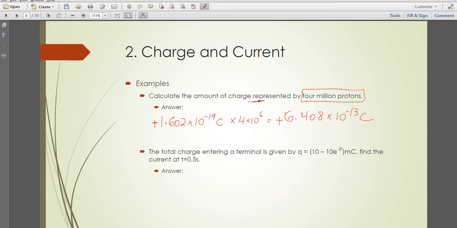So that's the amount of charge represented by 4 million protons. If there were 4 million electrons, it would be negative with the same magnitude, the same amount of coulombs. Do you have any questions here for that one?